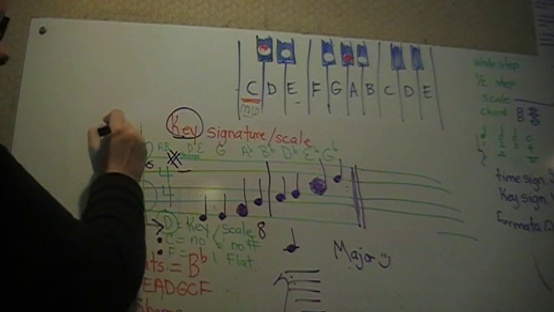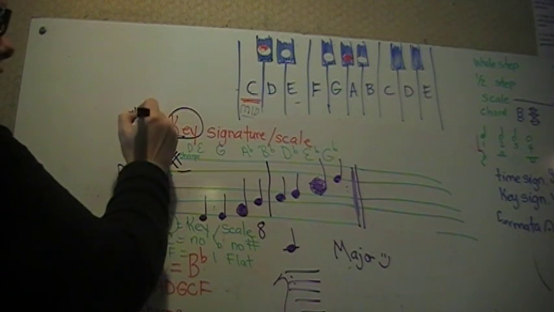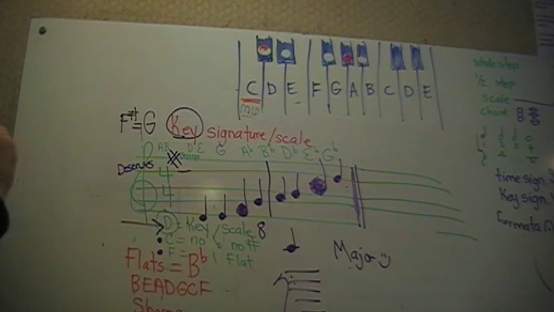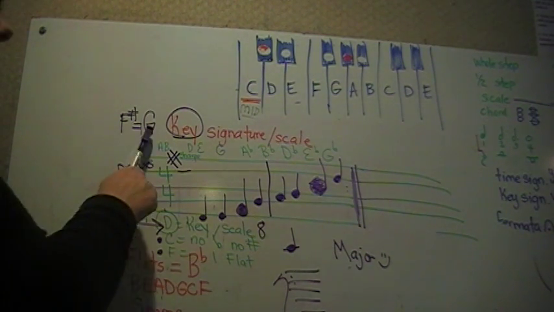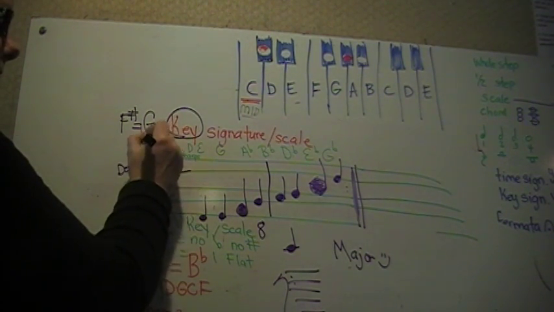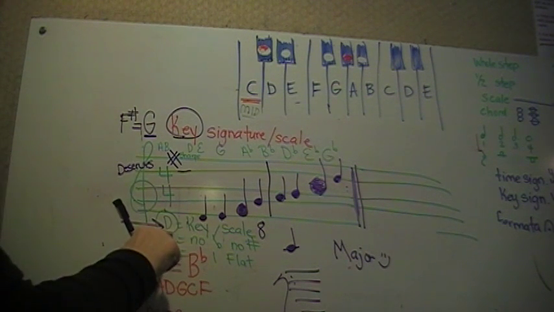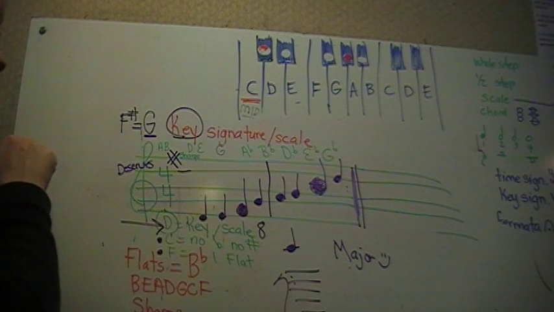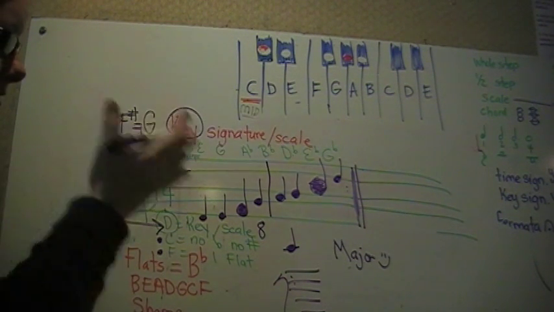So this is an F sharp. So if I go one note past F sharp, I'm at G. Can you see that? Yeah, you can. Okay, so I'm at G. Do I want the key of G? No, I don't. Okay, shoot. If I did, I'd be done.